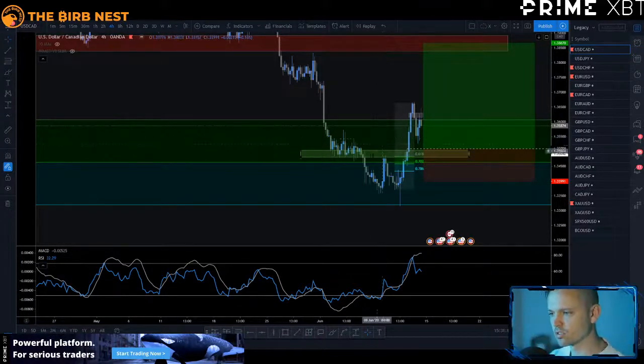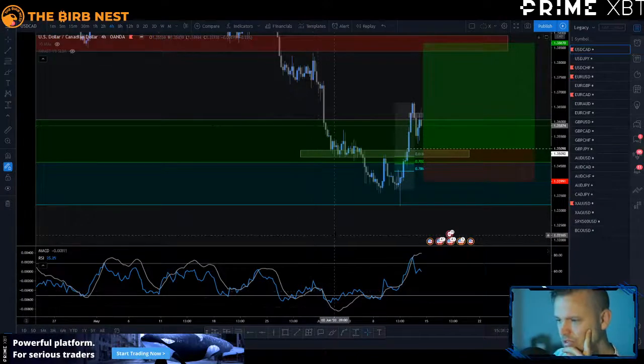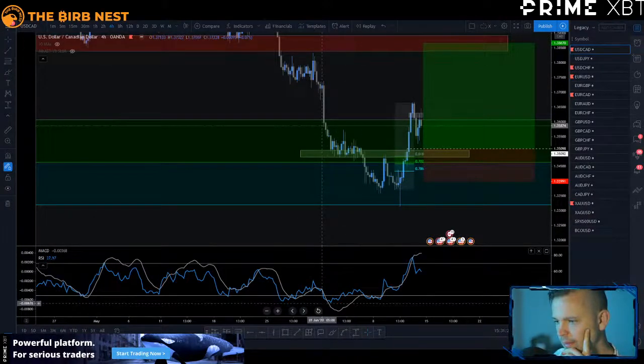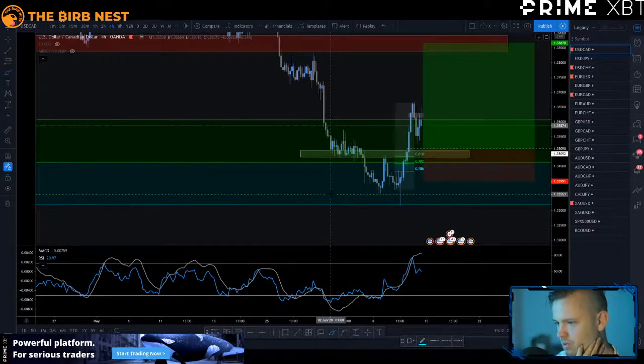Like if you look at the market structure here, it's quite obviously bearish and you get the breakout and it turns bullish. But I mean, you started seeing bullish divergences on a 4-hour. You know, let's see here, right?